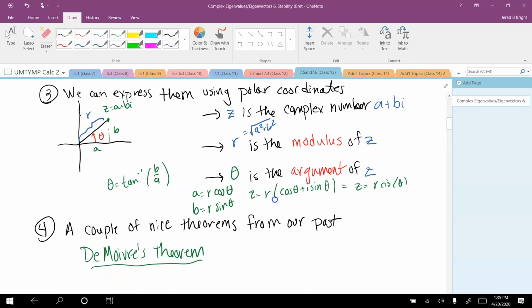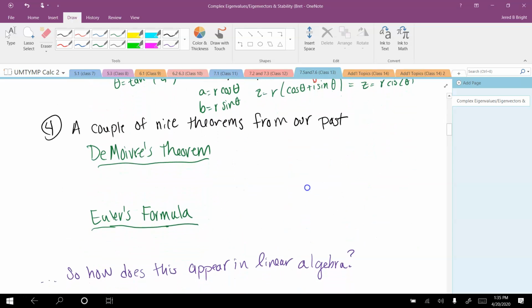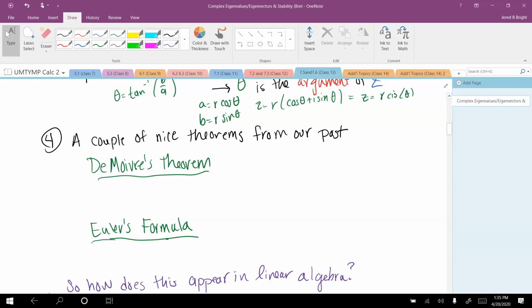Also with complex numbers, we get a couple of nice theorems. There's de Moivre's theorem, and you can look this up if you want. I think of it as the way to get the nth roots of unity.